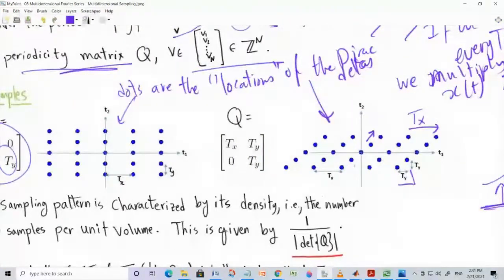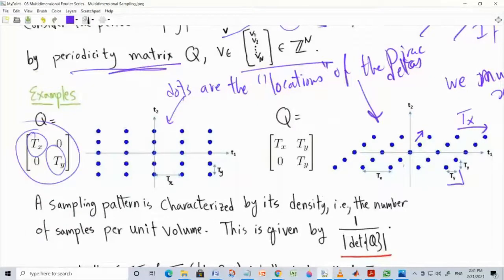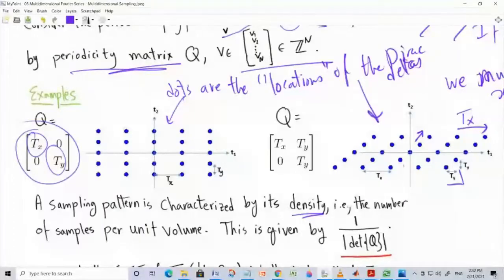In two dimensions, now, how many samples per unit area, given the two dimensions T1 and T2? Again, for images, they are not actually time dimensions. They are the X and Y of the image. You can show that basically the sampling density, which is like the Fs that you are used to, is given by 1 over the magnitude of the determinant of Q. Because what is this thing?